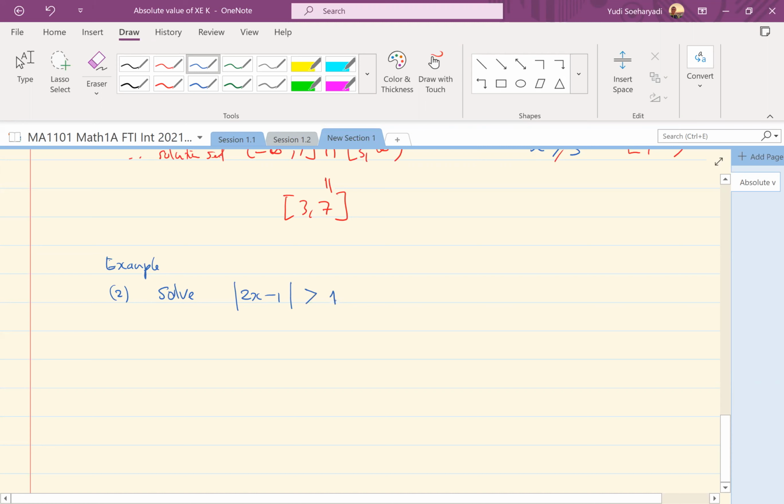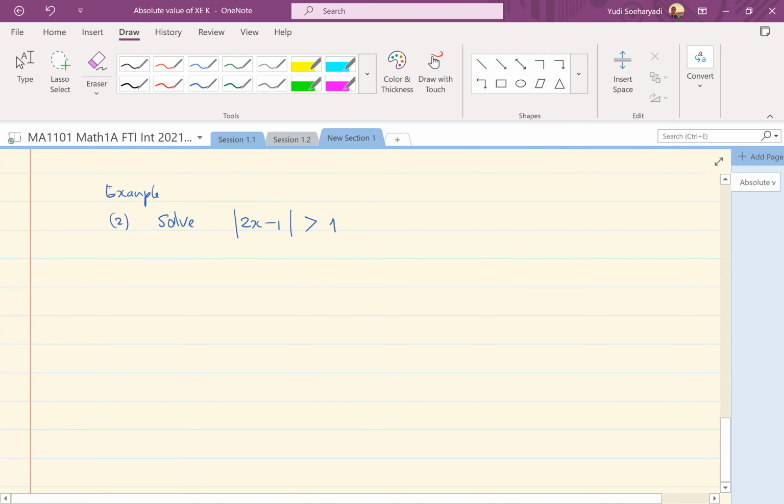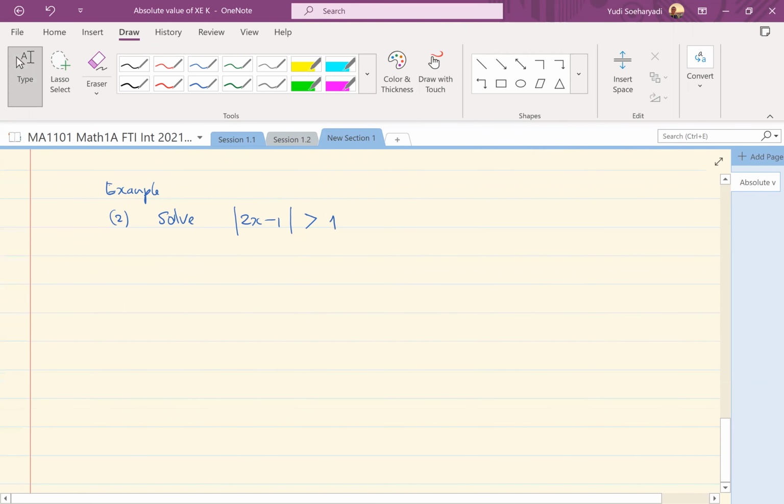Okay. All right, so what it means here. So let's solve this geometrically. This means the distance, you read as distance from 2x to 1 is bigger than 1, is more than 1.